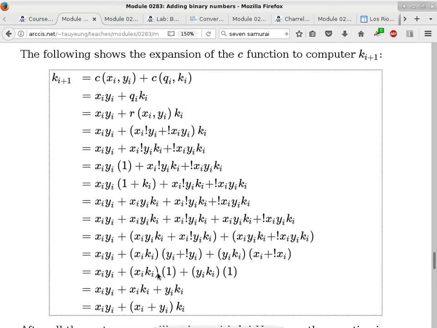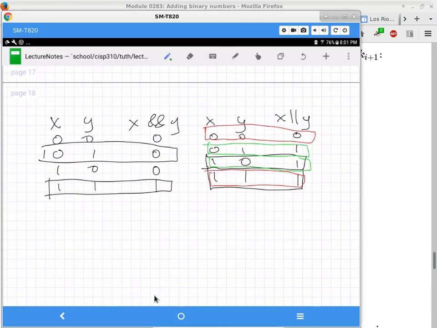And what about from here to here? How did I lose that one? Anything and true is whatever you start off with. X and true is just X. Once again, how do we know that? Once again, we use the truth table. All right, which two rows are we looking at?